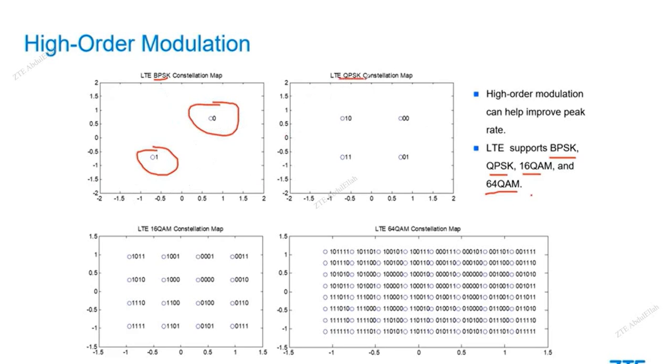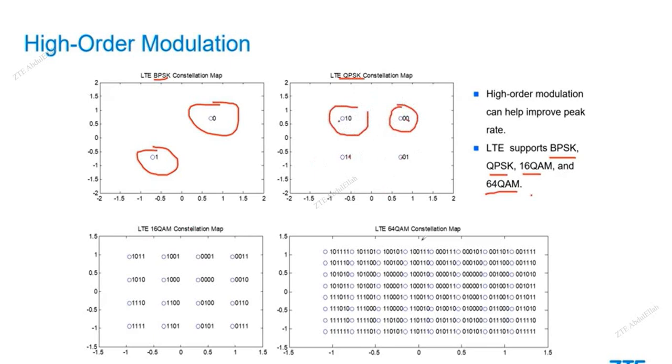In QPSK, there are 2 bits per symbol, so there are 4 different cases: 00, 01, 10, 11. How to represent these 4 symbols? We can base it on different phases: phase 1, phase 2, phase 3, and phase 4.